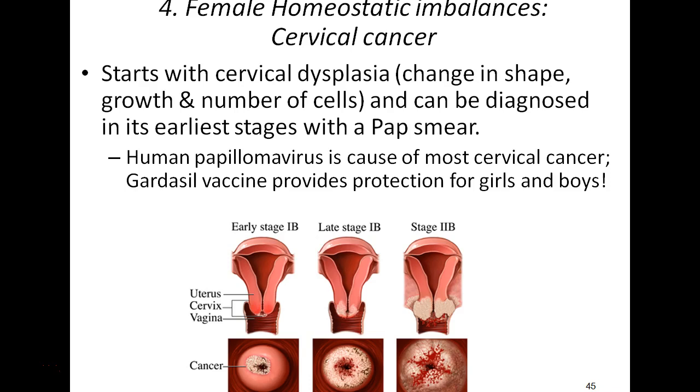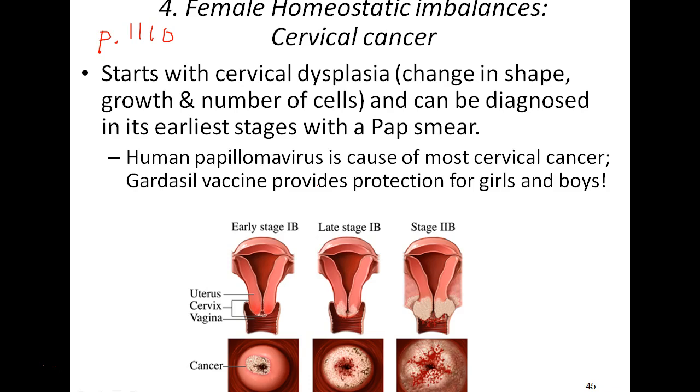Another homeostatic imbalance in the female reproductive system is cervical cancer. Students might jump to page 1110 to get an in-depth read on this. And similarly, we see cervical cancer is another very common malignancy in the female reproductive system. It's going to start with cervical dysplasia, in other words, changes in shape, growth, and number of cells in the cervix.